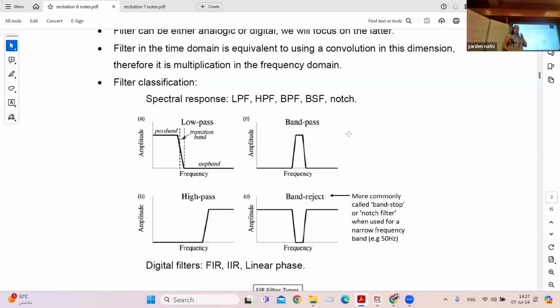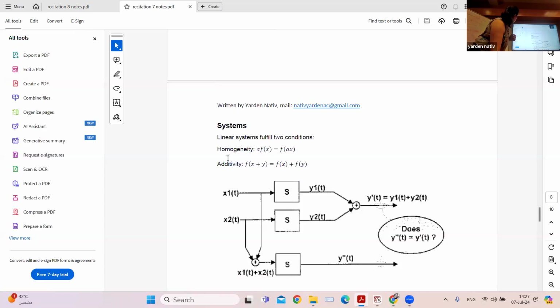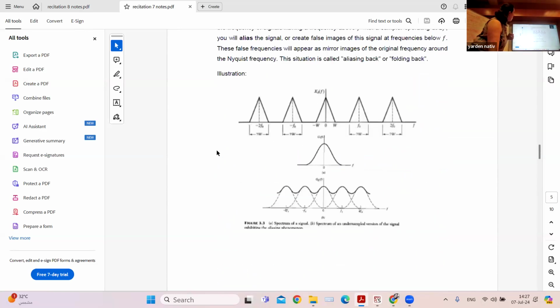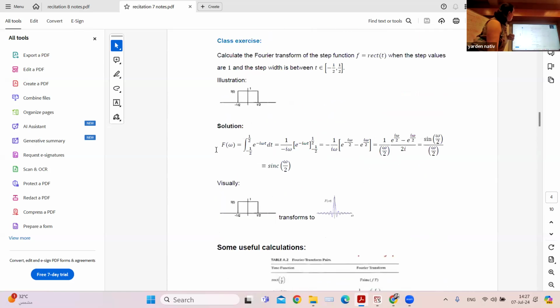Do you remember that from last class, when we had this rectangle filter? We computed its Fourier transform. Do you remember what happened when we computed that? I'll show you. Yeah, the same function, exactly.